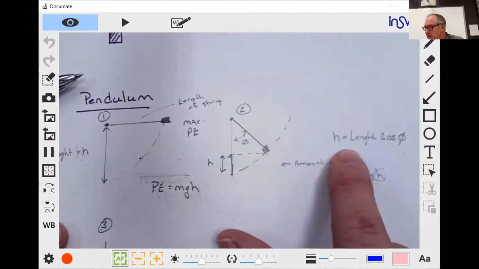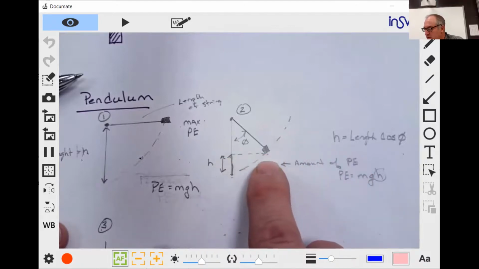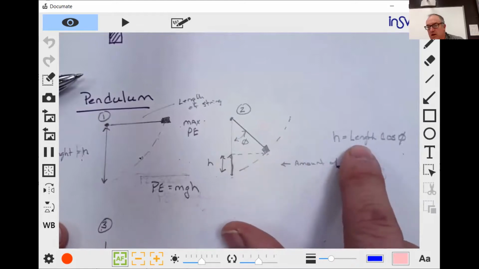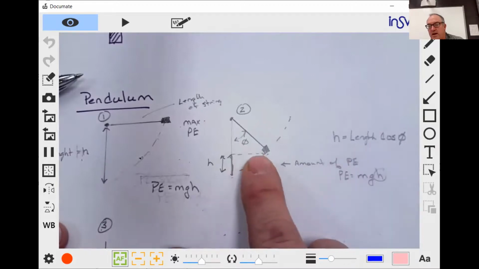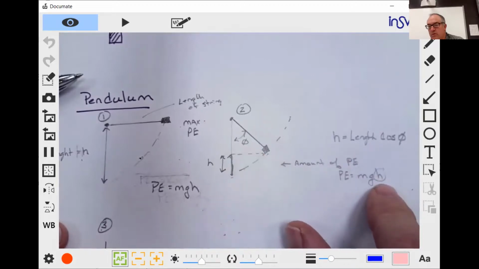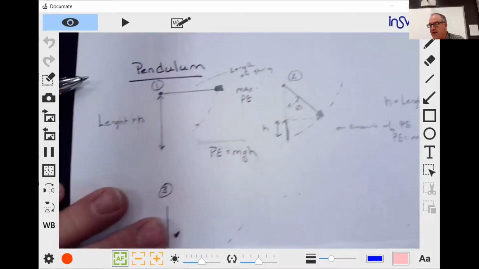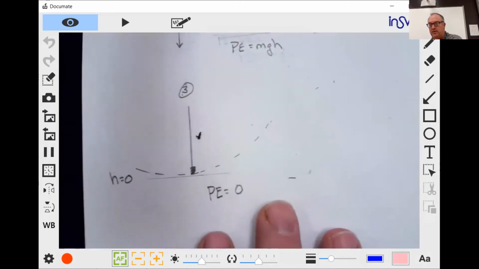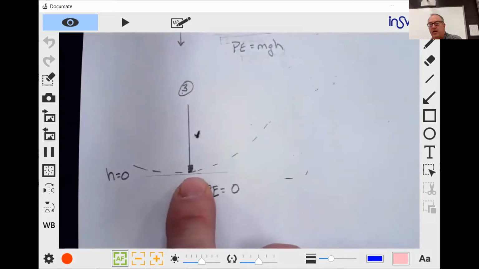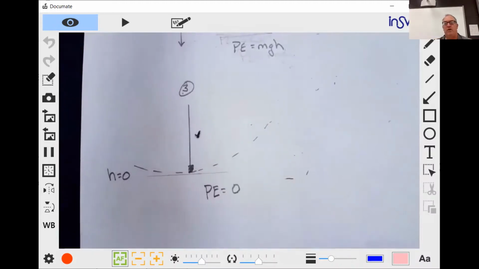It's a triangle. So it would be the length, the original 2 meters in this example, times the cosine of whatever angle that is. And that is what we would use for my height. And if they ask what the potential energy at the bottom is, it's 0. It doesn't have any farther to fall.